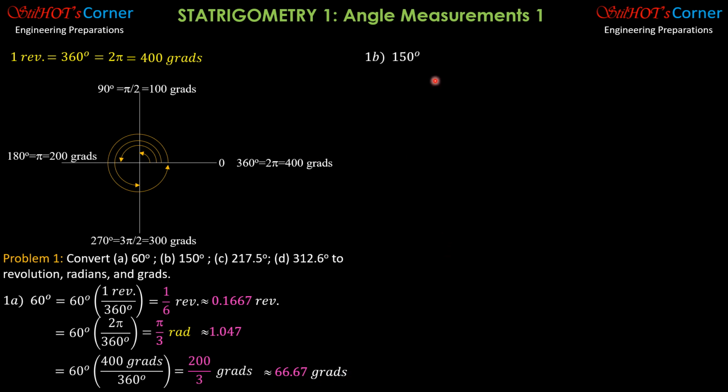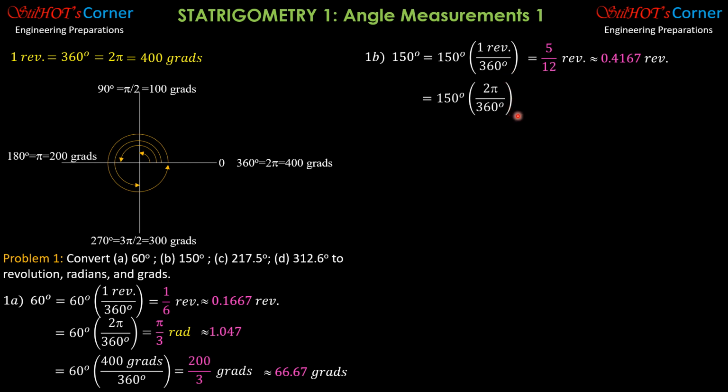1B, 150 degrees. So 150 degrees times 1 revolution per 360 degrees is equal to, in fraction, 5 over 12 revolution. In decimal, 0.4167 of a revolution. Then it is equal to 150 degrees times 2 pi over 360 degrees. If you want to convert that to radians, that's 5 pi over 6 radians, or in decimal, 2.618 radians. 150 degrees times 400 grads over 360 degrees.